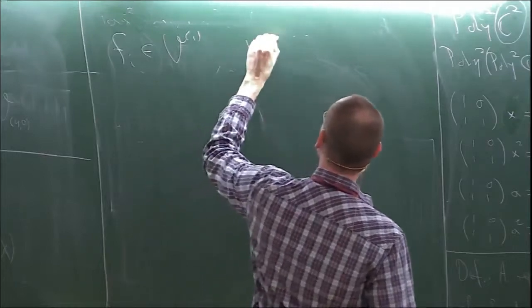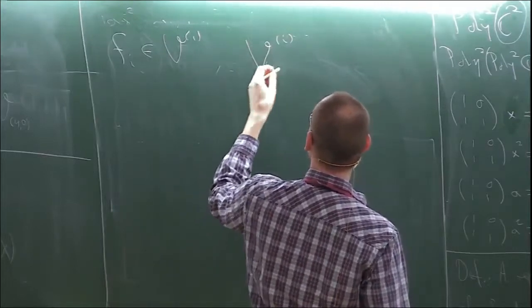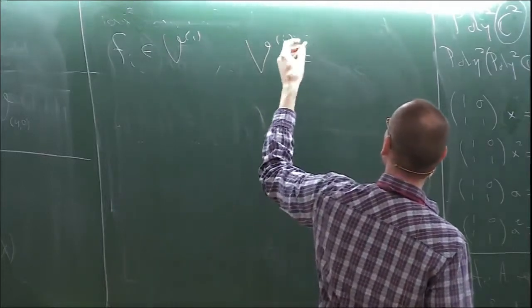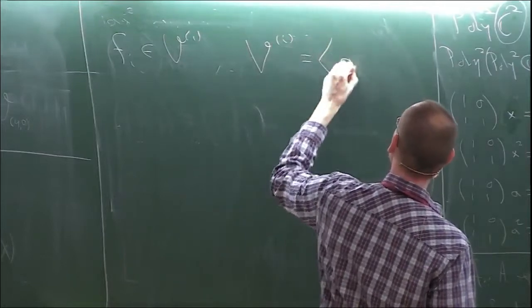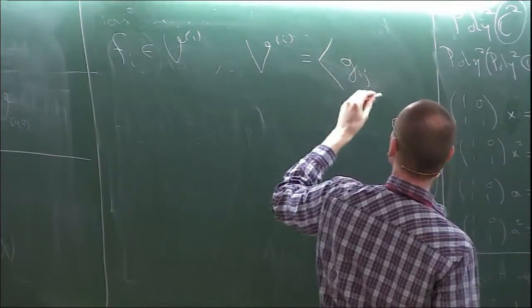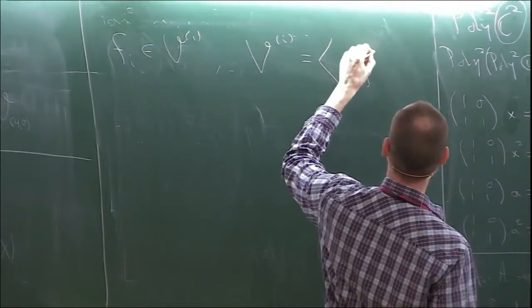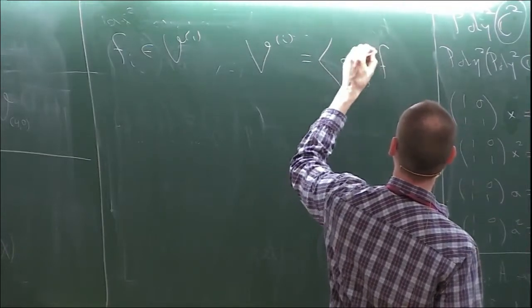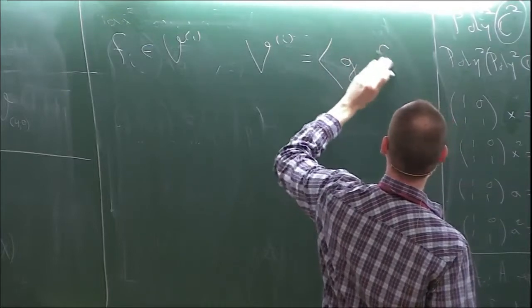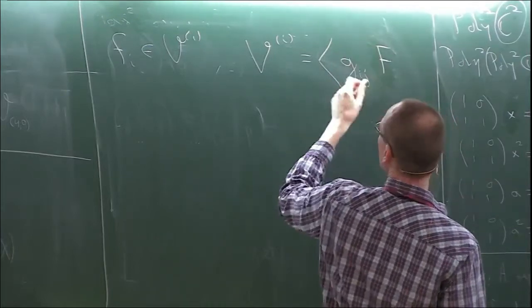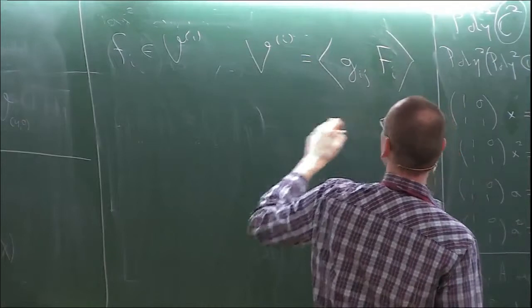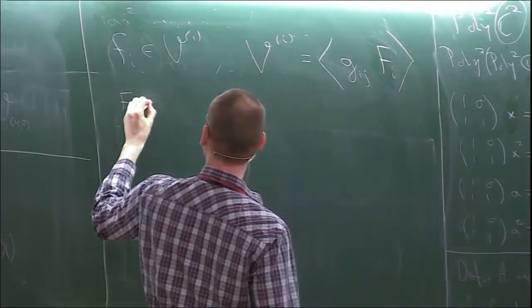Every vector in Vi can be written as some matrix G applied to a highest weight vector, capital Fi.